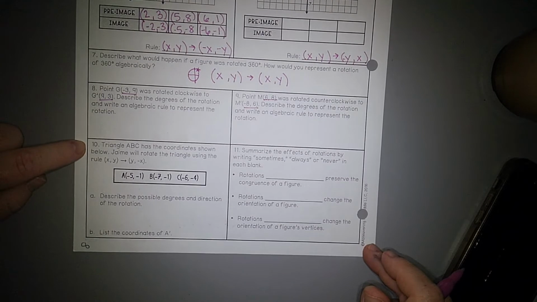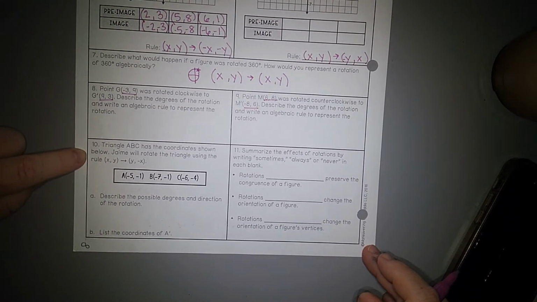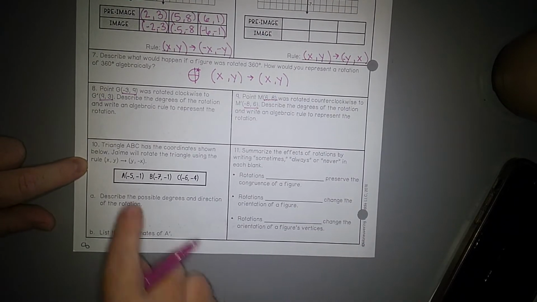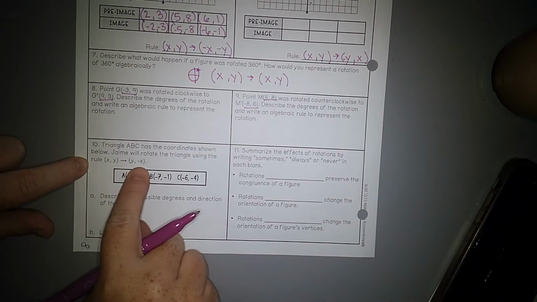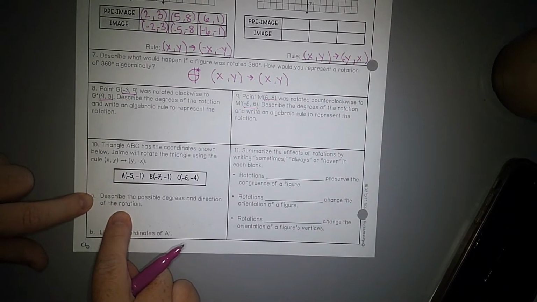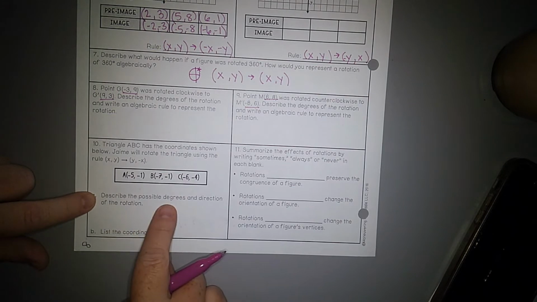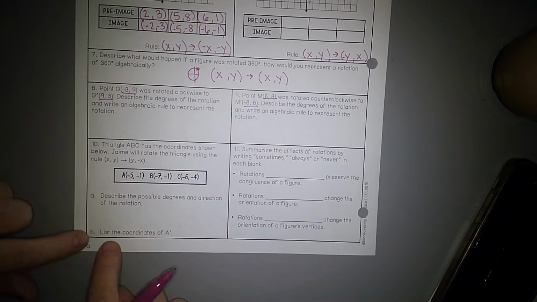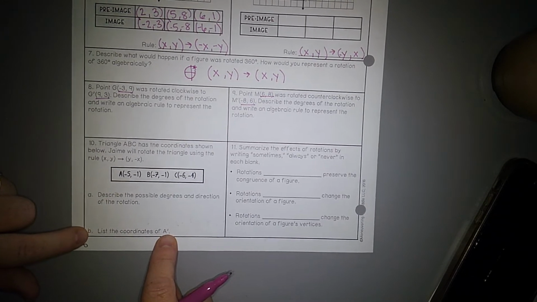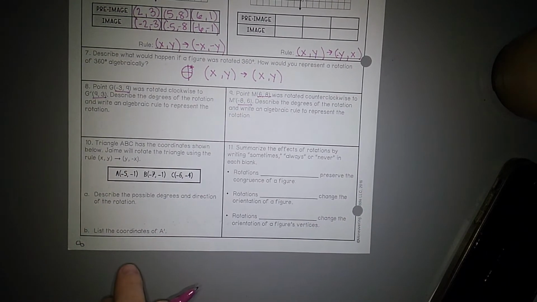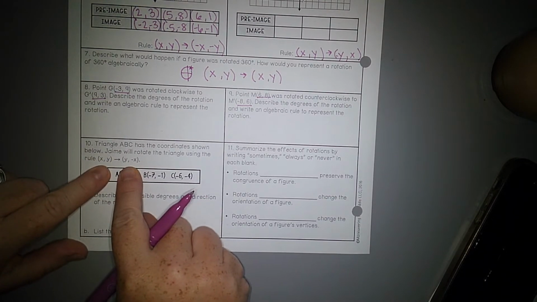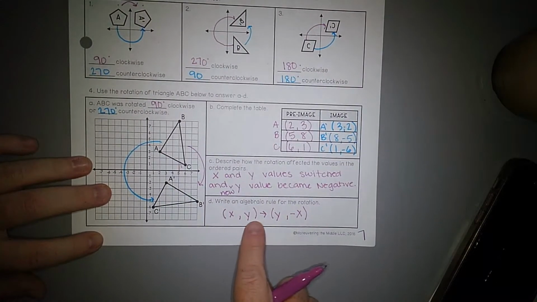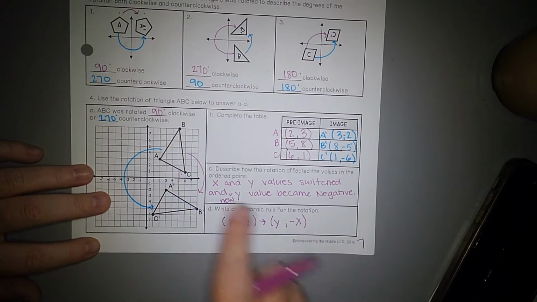10. A triangle ABC has the coordinates shown below. Jamie will rotate the triangle using the rule x, y is now y, negative x. Describe the possible degrees and directions of the rotation. List the coordinates of A prime. Possible degrees and rotation. Well, if this is our rule, that one was this one. x, y became y, negative x, and it was 90 degrees clockwise.